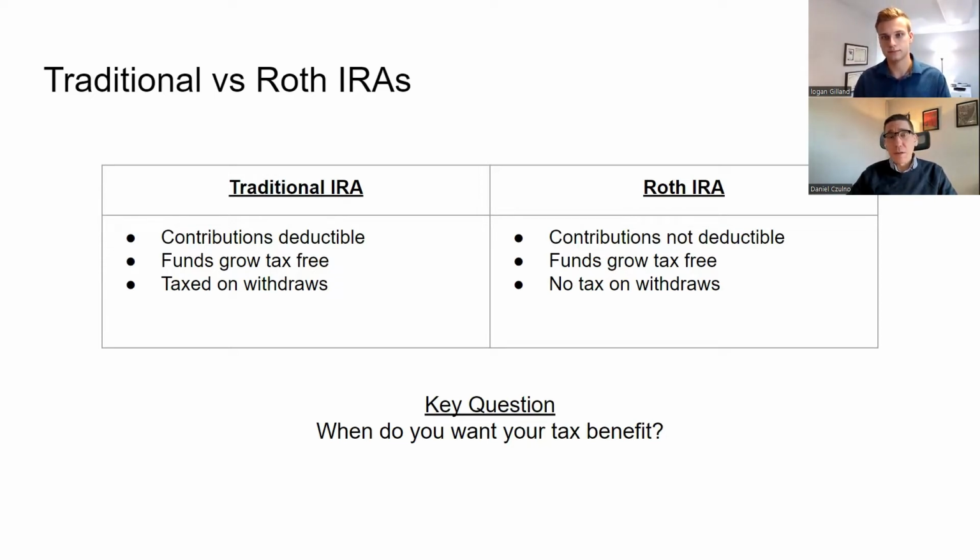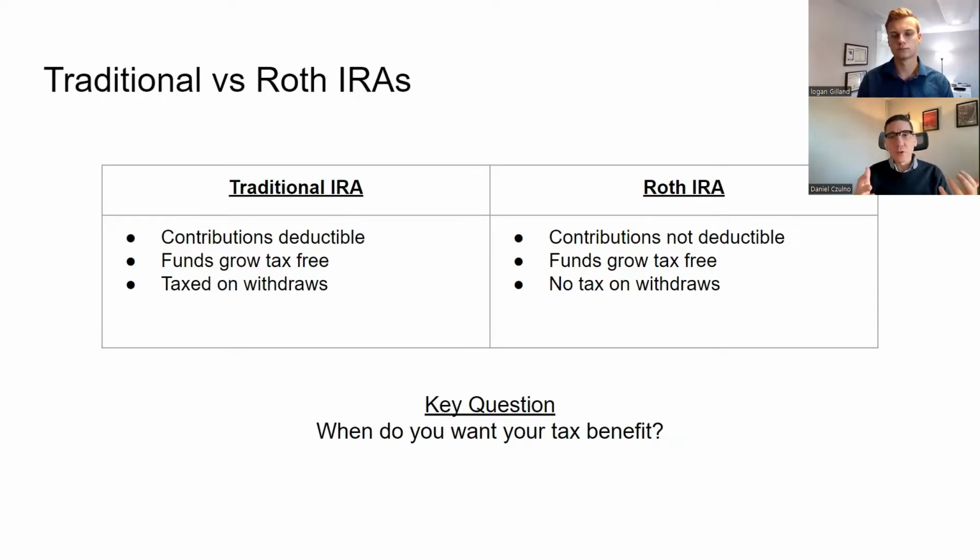Yeah, this may be remedial for some who are watching this webinar, but the fact is, before we get into converting and strategies for taxes and so forth, when we're talking about IRAs, it's very important to go back to the fundamentals and make sure that we are all on the same page of what is a traditional IRA or what is the Roth IRA, what are the benefits of both. And so really simply here, we have it laid out pretty straightforward, right?